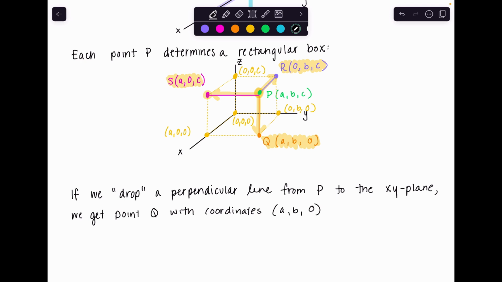And again, this is just if I'm standing at point P and I'm looking directly in the direction of the XY plane, this is the image that I'm seeing on that two-dimensional surface.